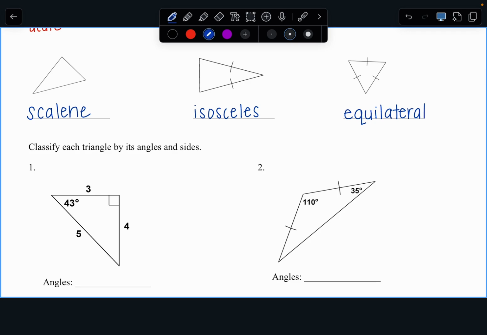Is this stuff making sense so far? With your angles and sides? Okay.